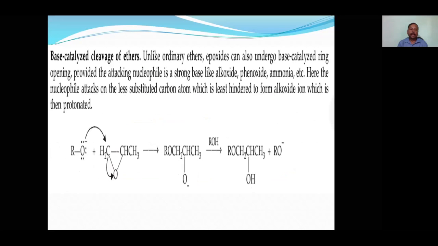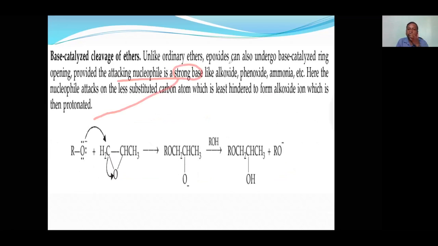Let's see. Base catalyzed. In the previous one we started with H plus, but here it will be base. Unlike ordinary ethers, epoxides can also undergo base catalyzed ring opening, provided the attacking nucleophile is a strong base.